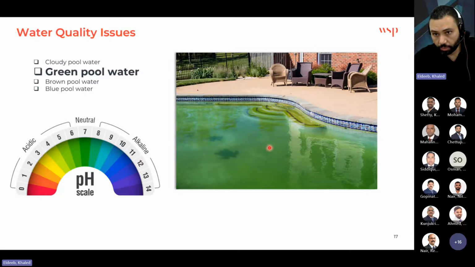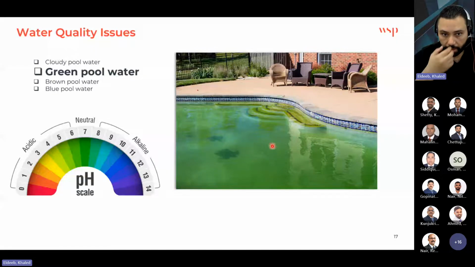Also, insufficient chlorine is one of the most common reasons pool water turns green after it rains, because the rain brings algae and makes the pool a better environment for algae to grow in the water.